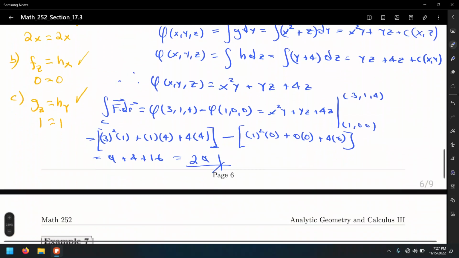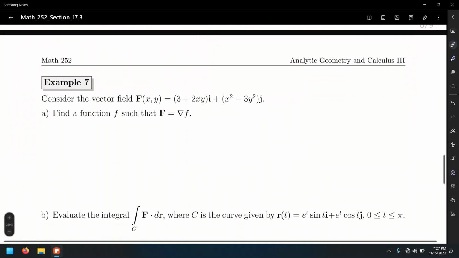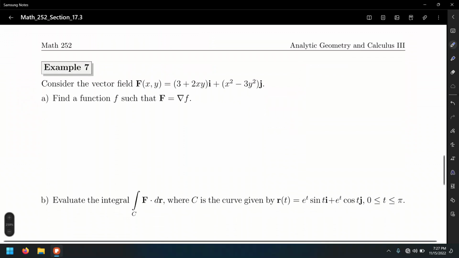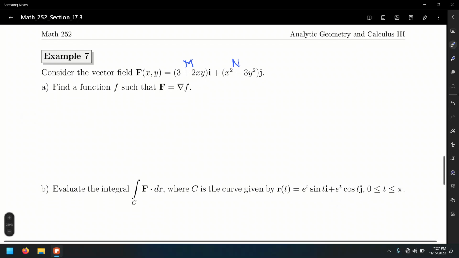So let's call this one big M and big N, capital M and capital N. So we're going to find our f of x, y, our phi.